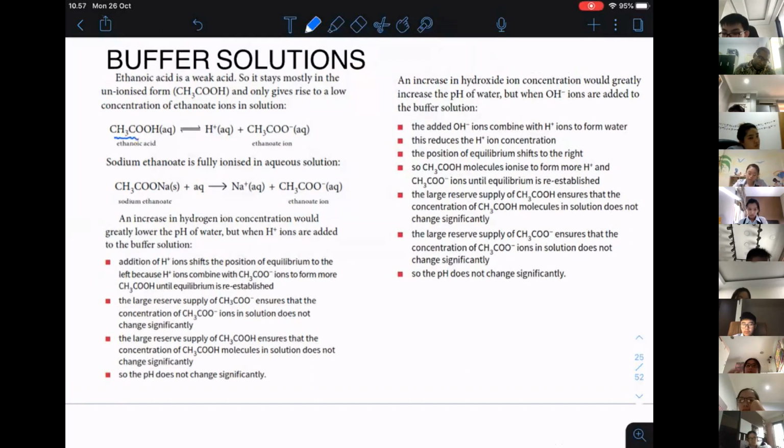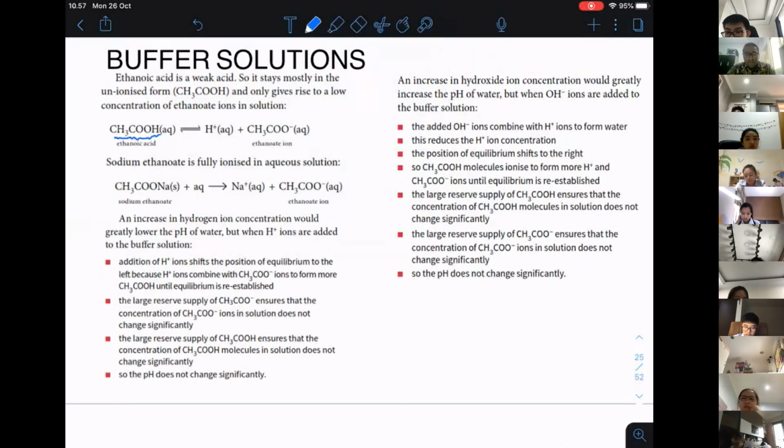Why? Because the dissociation of a weak acid is quite low. So it does not give you a lot of H plus or ethanoate ion, so it tends to stay in unionized form.